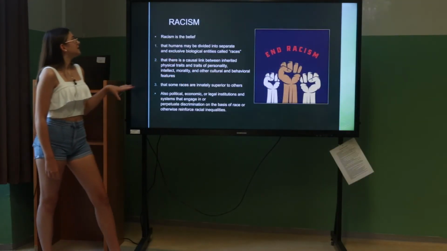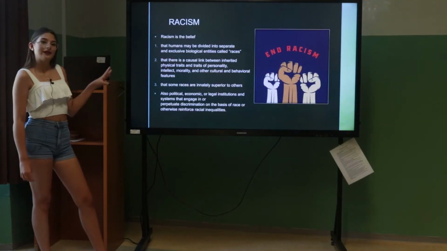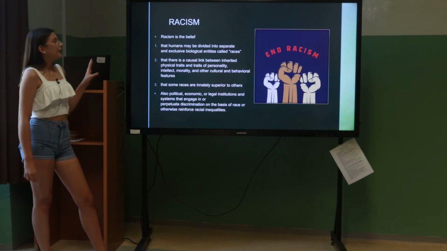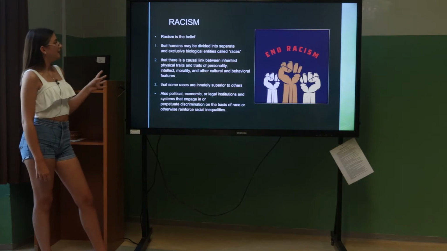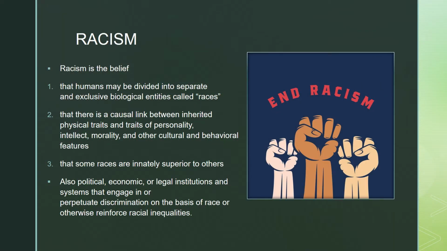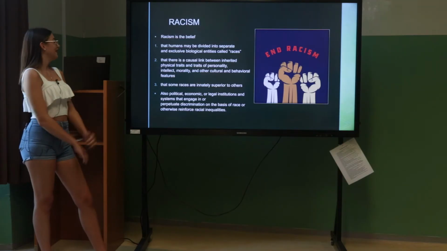The first social injustice is racism. It's really current in 2020 especially. It's a pretty complicated topic. Racism is the belief that humans may be divided into separate and exclusive biological entities called races.